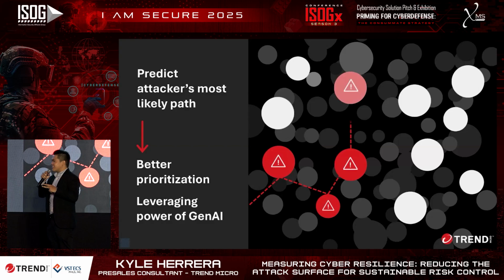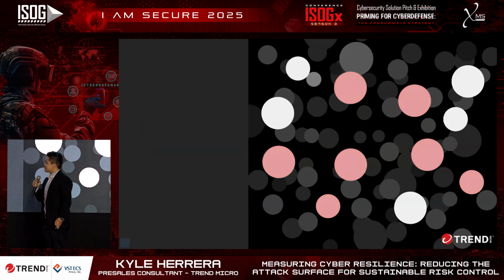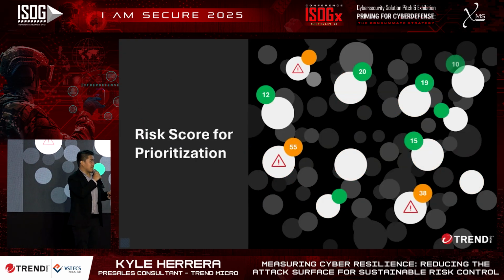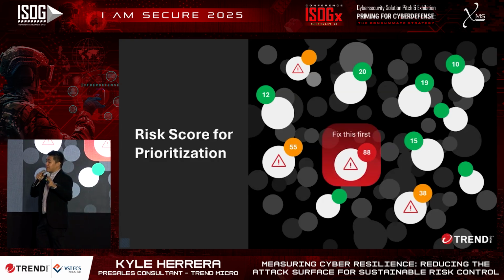And the beauty of that is, once we know that, using Gen AI, we would be able to predict where an attacker would pass through. And of course, once we have all of those, we would be able to create a risk score. Why would we need the risk score? So that we would know what we would need to act on first.